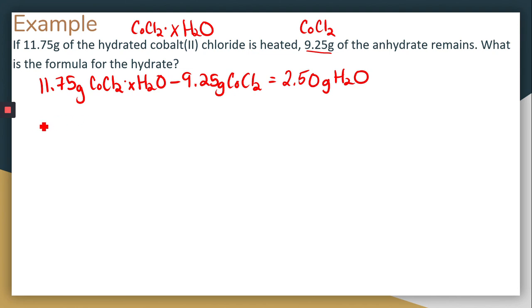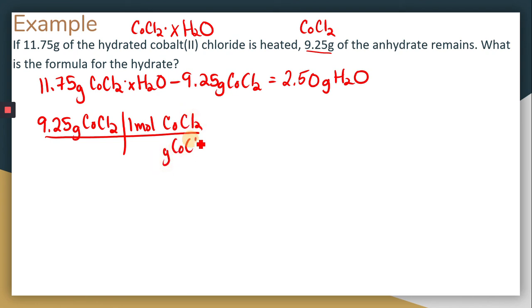And then we're going to take our masses and we're going to convert them to moles. So we take the mass of the anhydrate and we're going to convert it to moles. So we need to add the molar masses. 129.83.